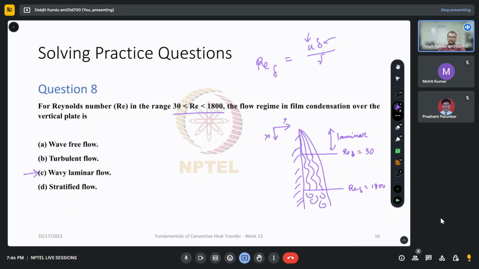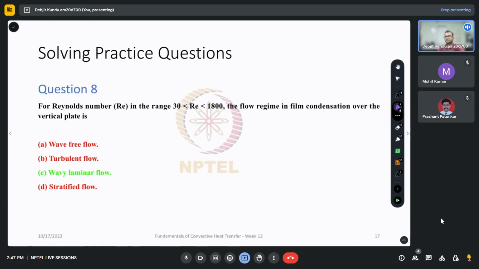We start getting eddies, energy cascade and everything associated with turbulent flow, so this becomes fully turbulent. The region in between is wavy laminar. So option C is the correct answer.